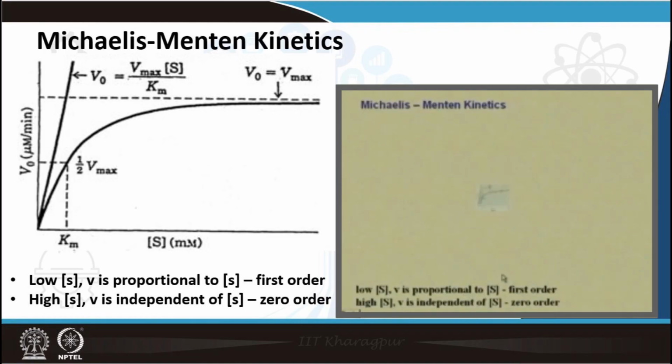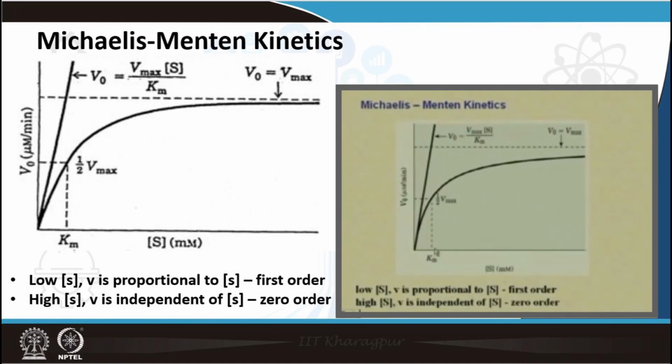Now, if we look at the overall expression that we have, from this expression we can get what is called a rectangular hyperbola that is going to eventually plot the V0. Why we call this the V0, I'll tell you in a moment. So, what we're doing is plotting velocity versus substrate concentration.